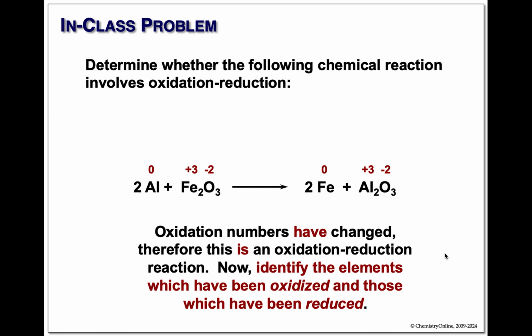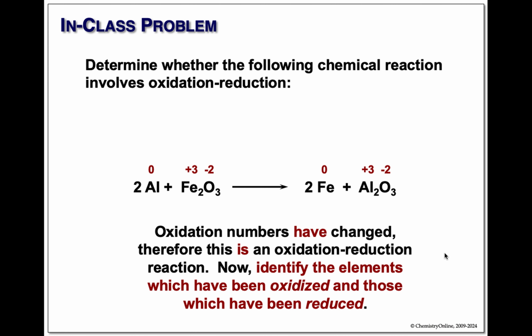Now, which elements or compounds, whatever, have been oxidized and which have been reduced? Remember, oxidation, loss of electrons. Aluminum went from 0 to plus 3.